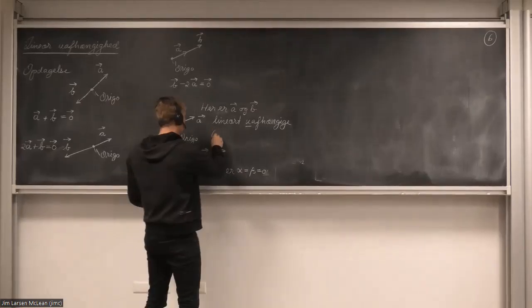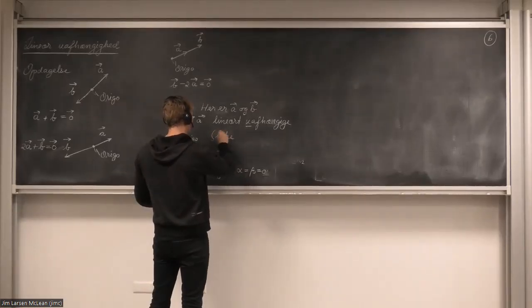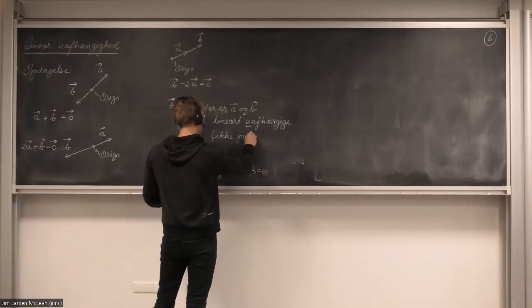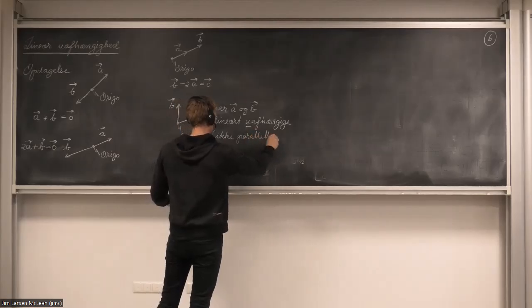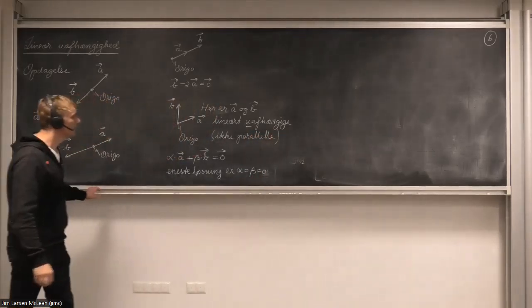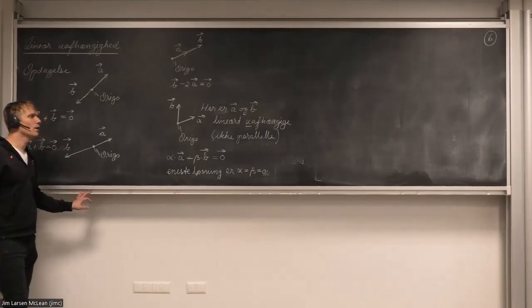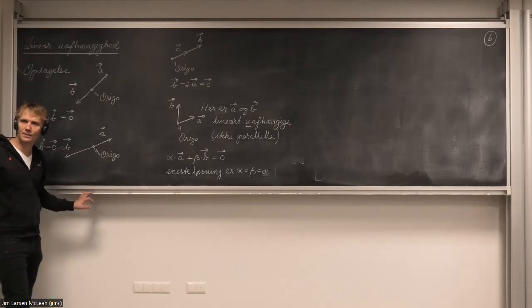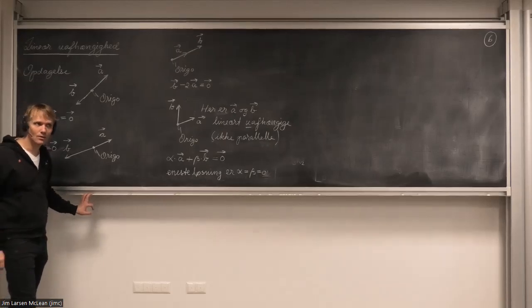So we'll just put that in parentheses: not parallel. So if you have 2 vectors that are not parallel, the only way to make them result in the 0 vector by combining them is if the constants you multiply them by are both 0.